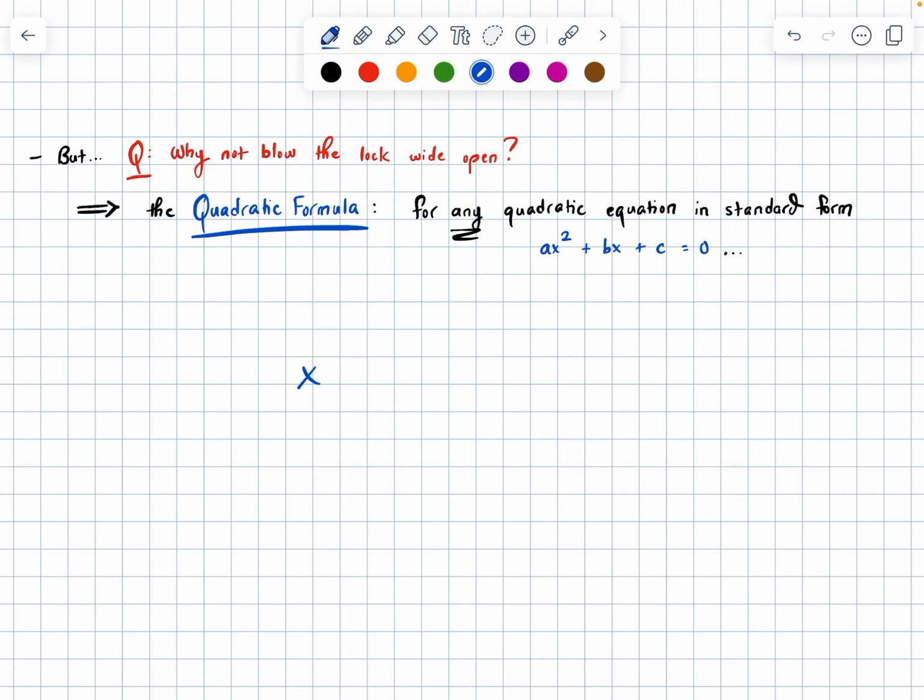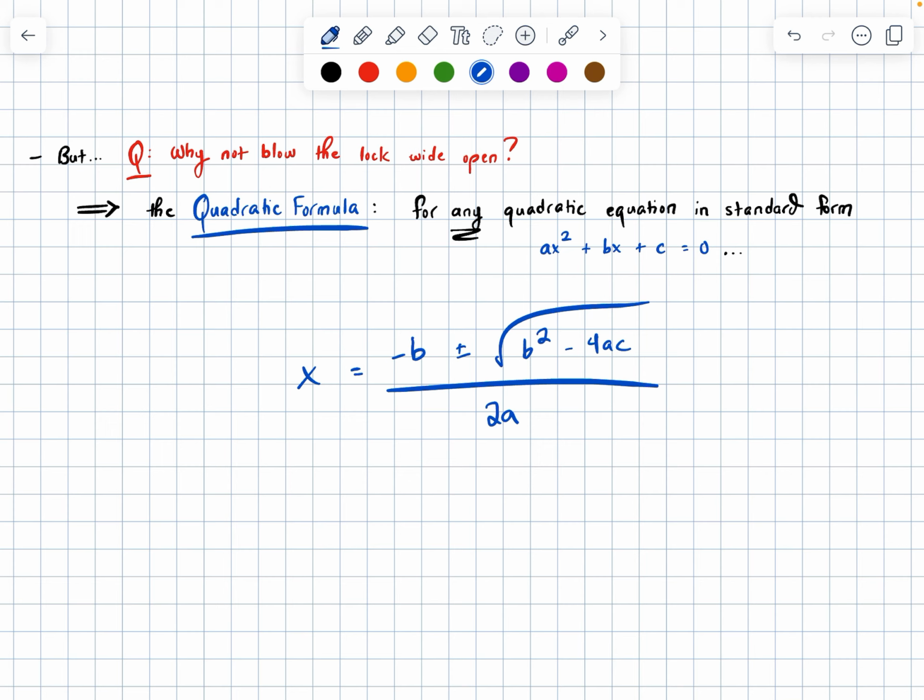We say that x, the value of our variable, will be equal to negative b plus or minus the square root of b squared minus 4ac all over the denominator 2a, where a, b, and c are the coefficients there in my standard form ax squared plus bx plus c equals 0.